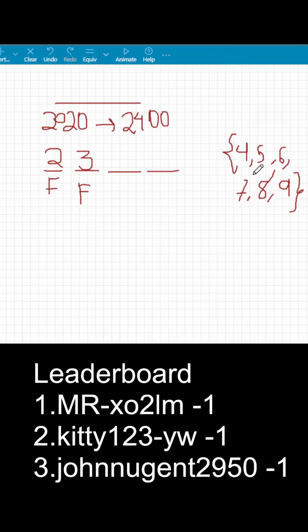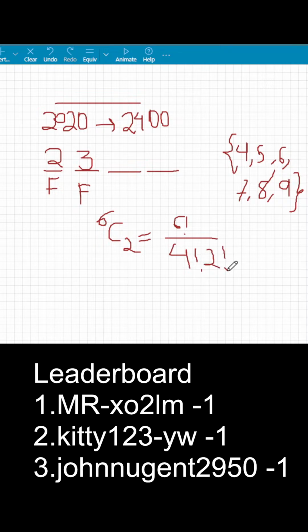Among these 6 numbers we have to pick 2 digits. If you know permutations and combinations, this is the number of ways of choosing 2 things out of 6, so 6C2, which is 6 factorial by 4 factorial and 2 factorial.